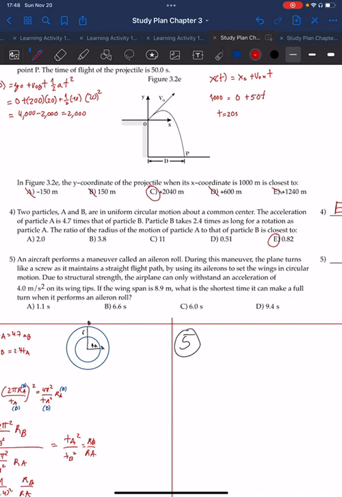Basically, the plane moving to one side and then making that full 360 again. So basically, an aileron roll is where an aircraft performs a 360 degrees roll while maintaining its vector, and of course is flying in a straight line while rotating.